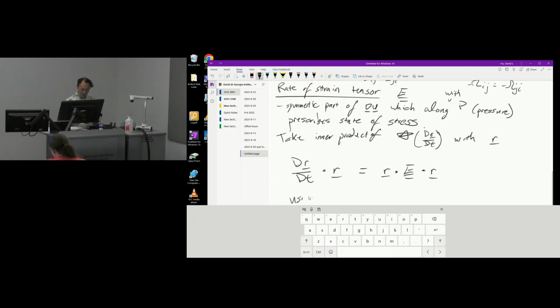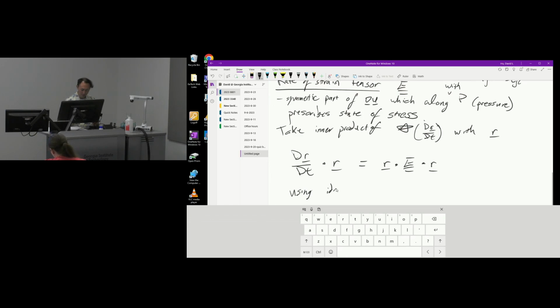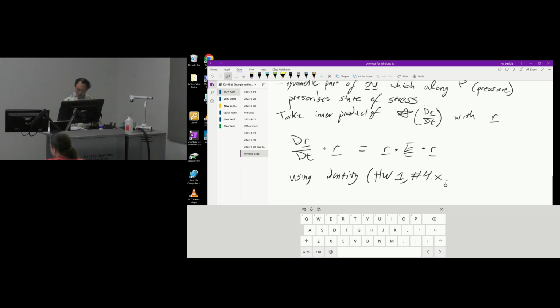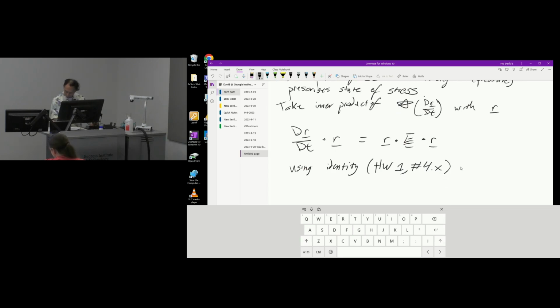We're using the identity that you proved in homework 1, number 4.10, that r dot omega dot r is 0 because omega is antisymmetric.